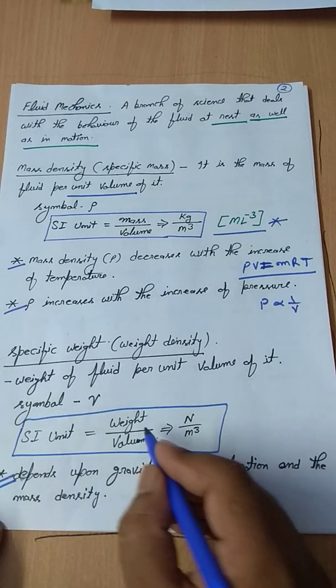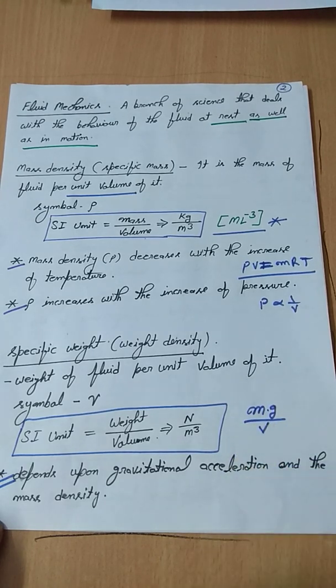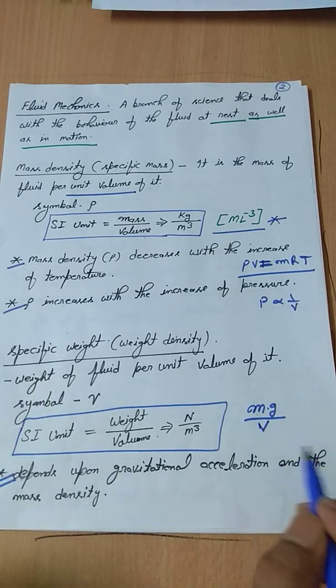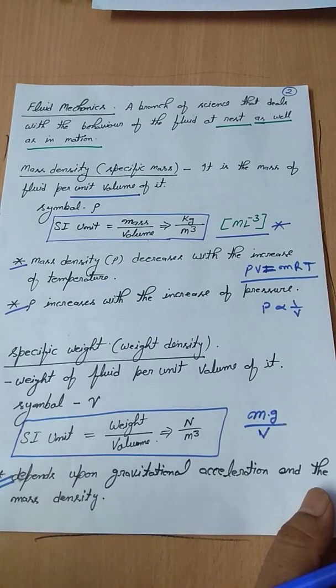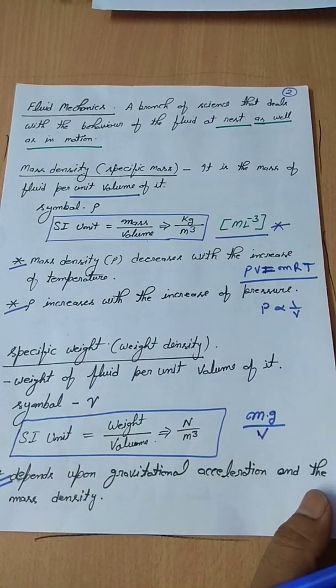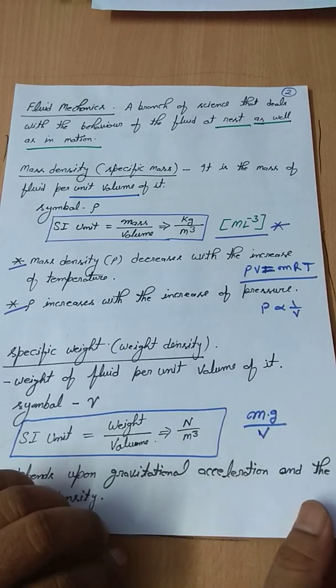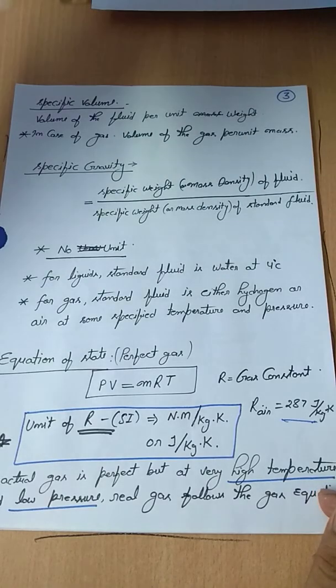Weight is nothing but m into g, and volume is as usual. Mass is a fixed quantity, g is the gravitational acceleration, which varies from location to location. It means specific weight also depends upon the location of the place.